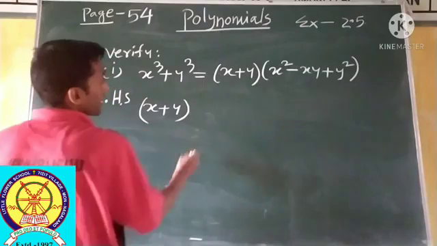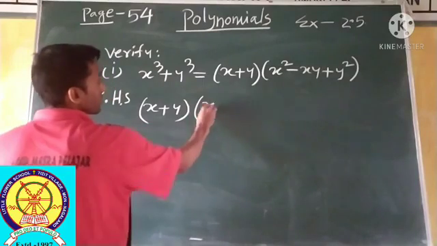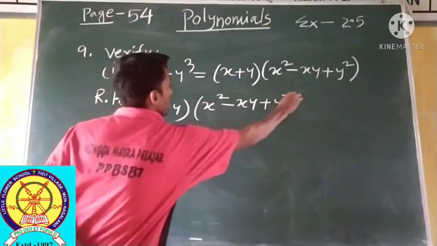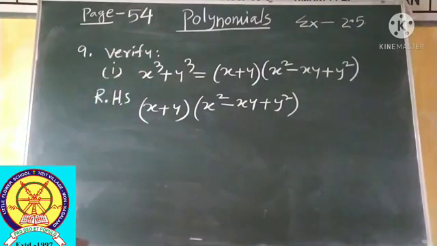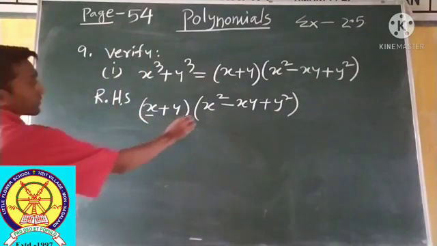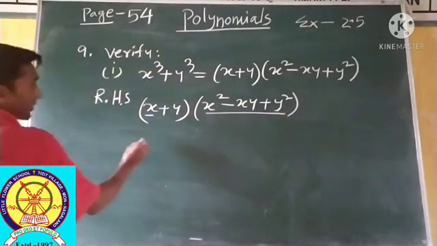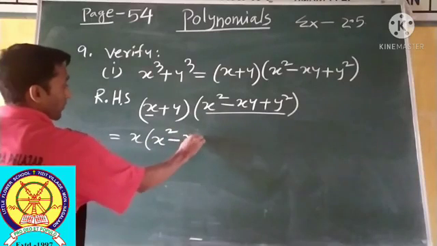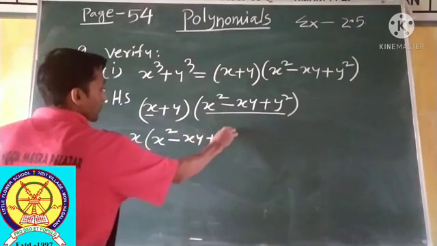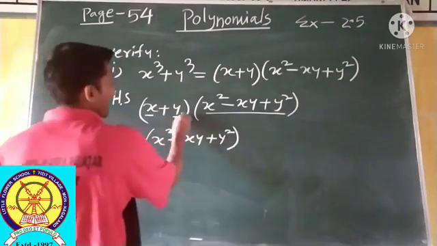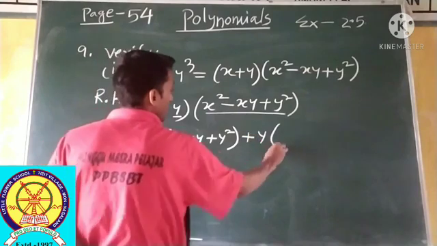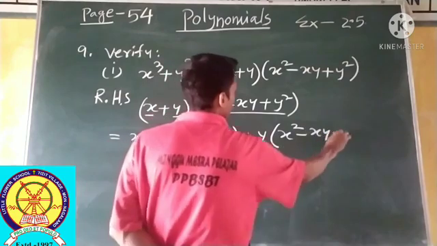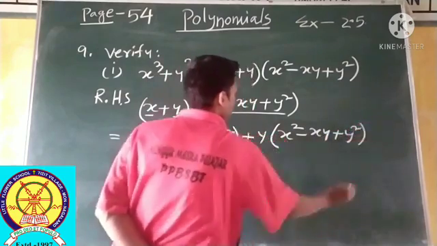Right hand side is x plus y into x square minus xy plus y square. Now you see, by this x, this whole term is multiplied: x into x square minus xy plus y square, plus by y, also you multiply this whole term, x square minus xy plus y square.